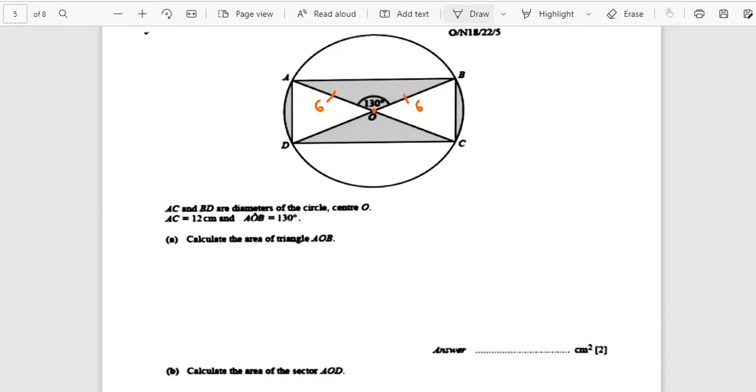That was 1 by 2 multiplied by the two given sides that are 6 and 6 into sine of the angle opposite to the third side. This is the third side and the angle opposite to the third side is 130. So sine of 130. So can you guys please tell me the answer that you are getting after the simplification?